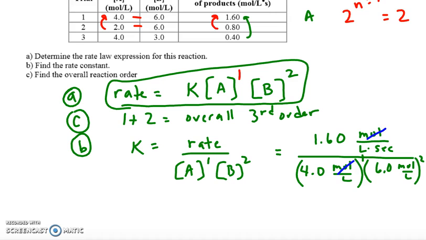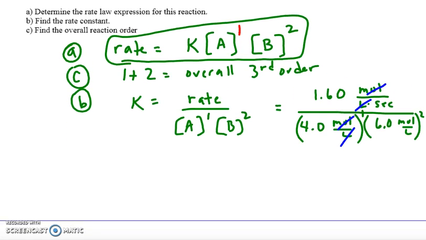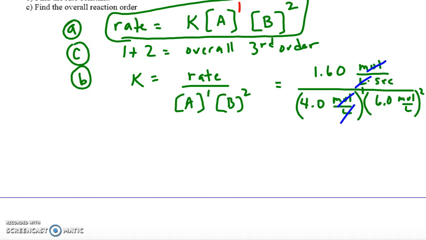Okay, so let's see what happens. Moles will cancel, liters will cancel, but let's take a look and see how this all sorts itself out. So if we rearrange this, we're going to get 1.60 over seconds. And then we are going to get 6 squared is 36 times 4 is 144.